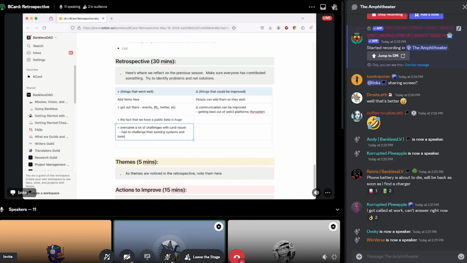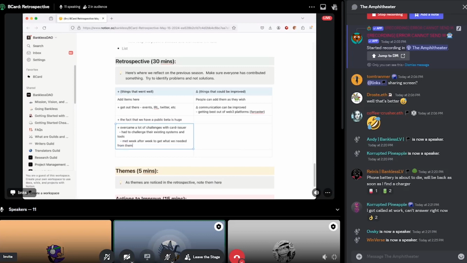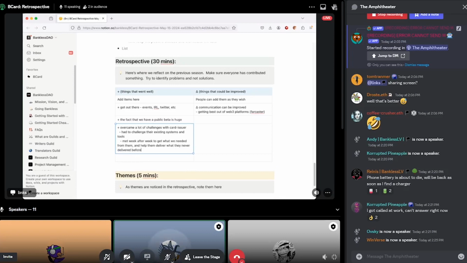We met with them week after week, and not only helped them deliver what we needed, but we overcame the challenges to deliver something they've never done before, and that's what enabled our card program specifically. It was way cheaper than launching with somebody like Marqeta or one of these other card issuers, and we now have something which works.